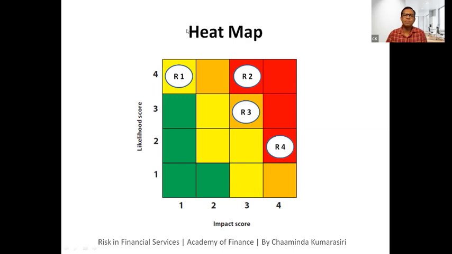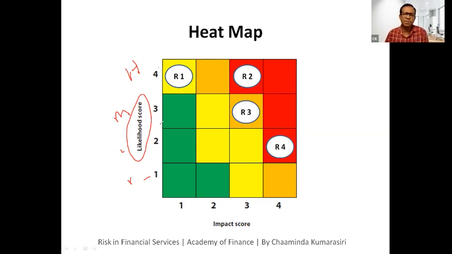The likelihood score is on this side. So 1 means highly unlikely or very low. This is low, this is medium, this is high, highly likely.